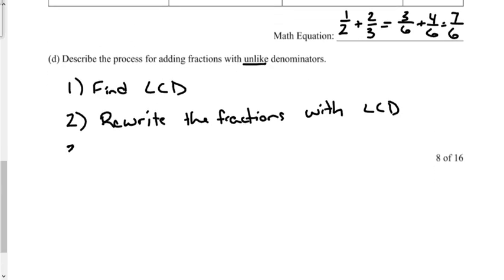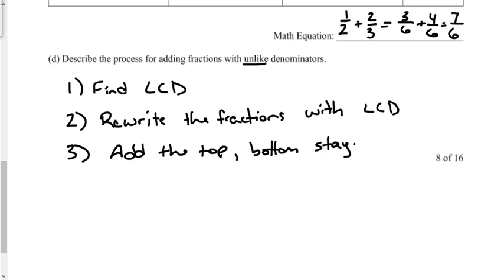And then we just add the top. The bottom stays the same. And then for step number 4, we're going to simplify, if possible. You might not always.